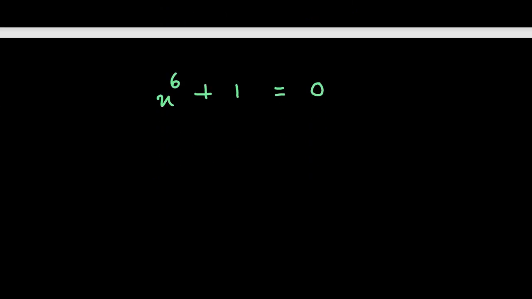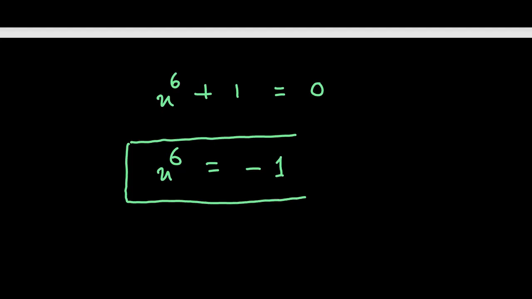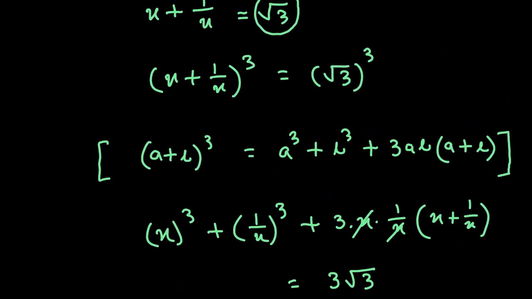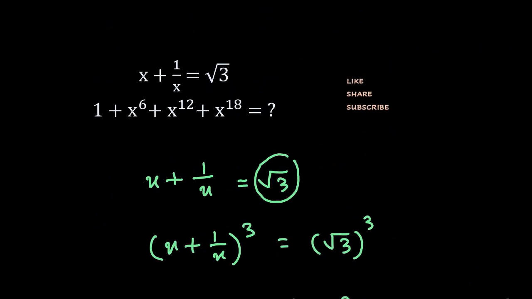Or we have x to the power 6 equals minus 1. We'll use this value to get our required expression value. Our required expression is 1 plus x to the power 6 plus x to the power 12 plus x to the power 18.